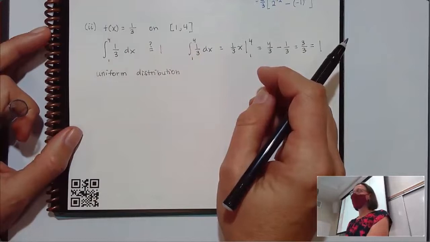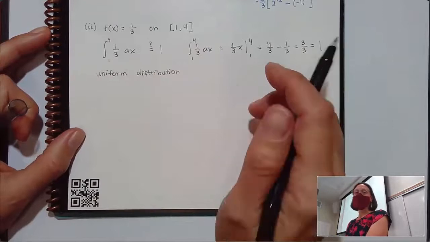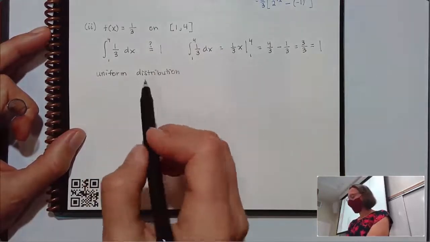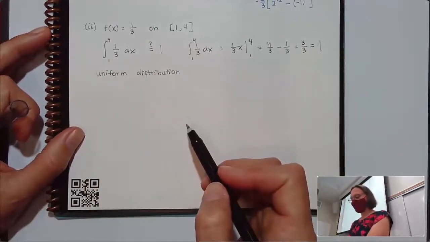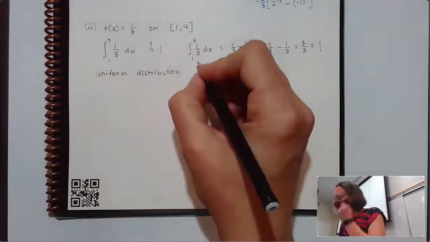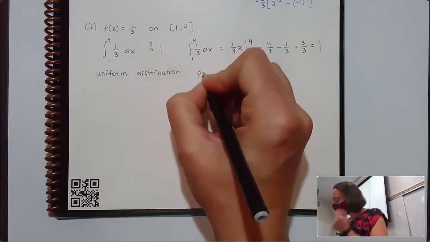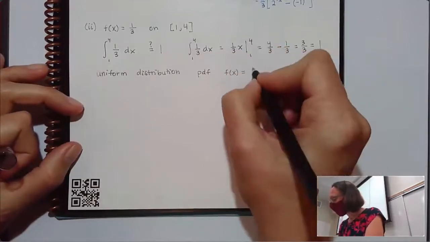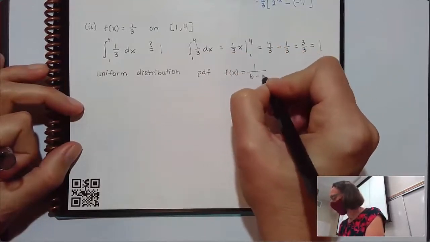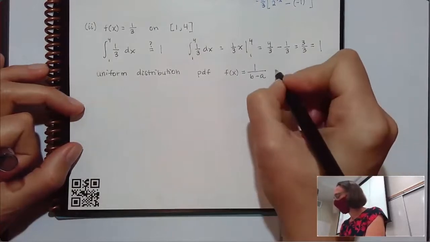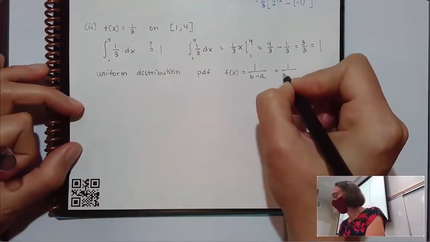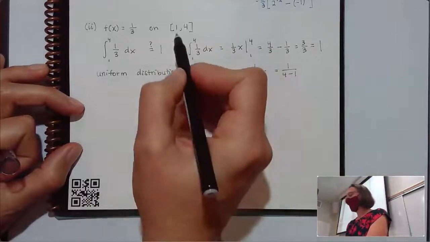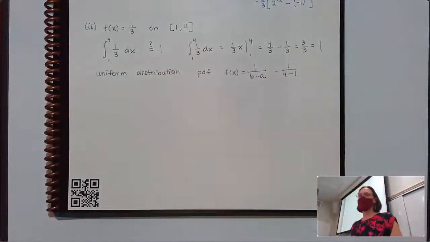Is this the one that's just like a horizontal? Totally. It's just a horizontal line. And generally speaking, for our uniform distribution, our PDF equation is just that f of x is equal to 1 divided by b minus a. So in this case, that would be 1 over 4 minus 1, because that was our b and a.